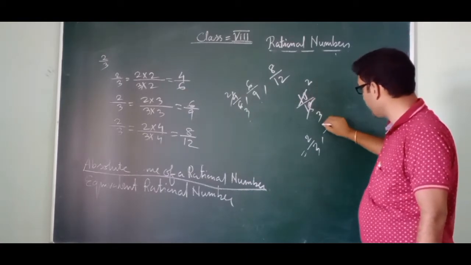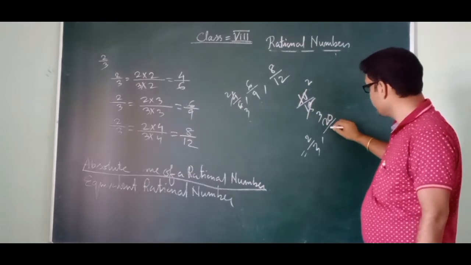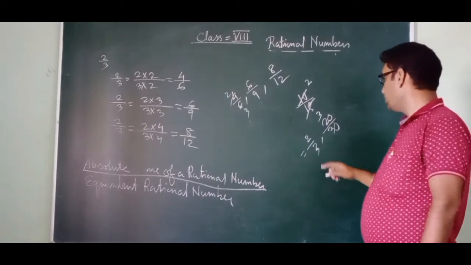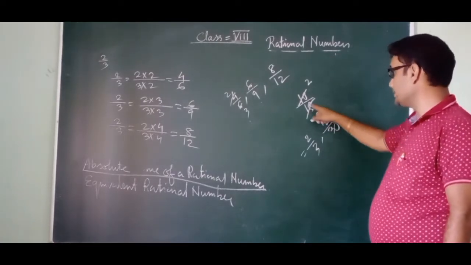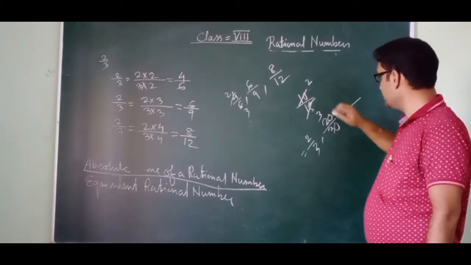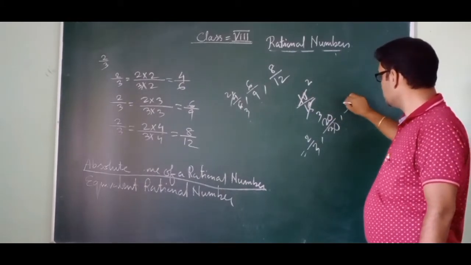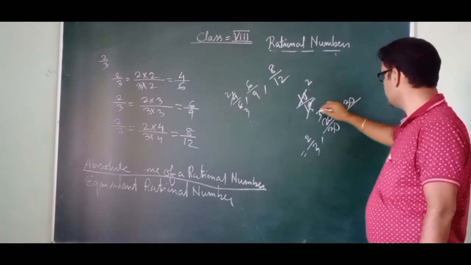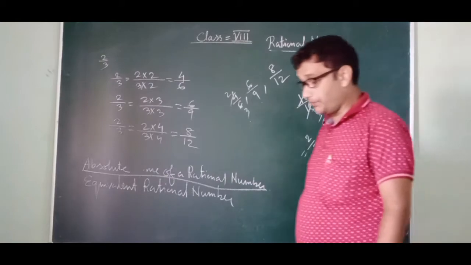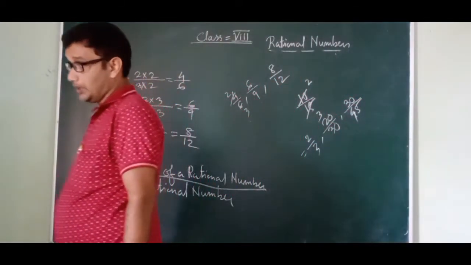Then 20 by 30 also you can write. Why can you write 20 by 30? If you reduce it, you will get 10 by 15, then 2 by 3. Similarly, 30 by 45. So like this also you can find equivalent rational numbers.